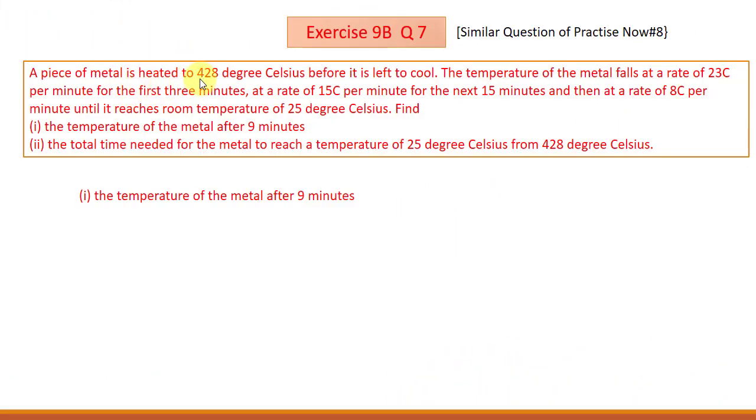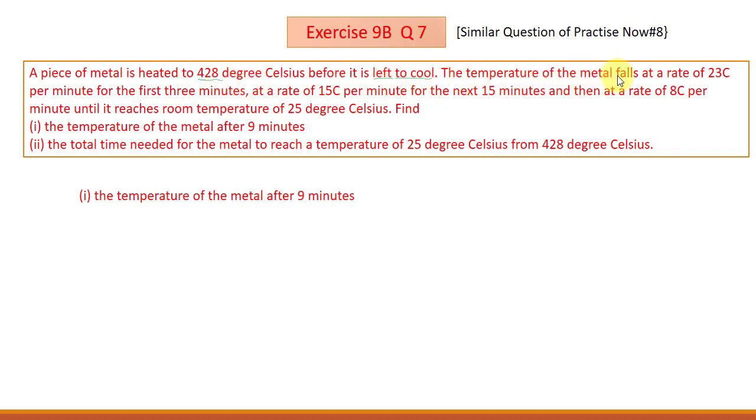A piece of metal is heated to 428 degrees Celsius before it is left to cool. So in the first place, the metal is heated up to 428 degrees Celsius and then it is allowed to cool.